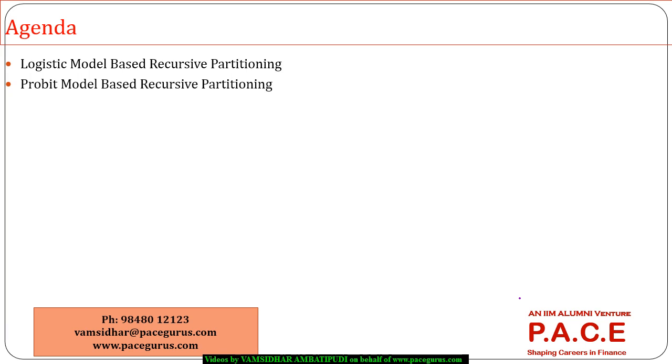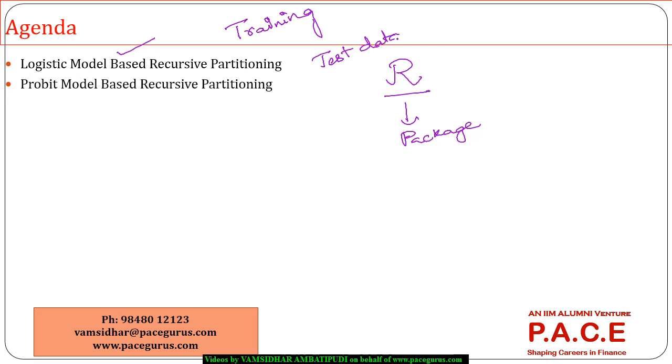Here our focus is more on using a statistical package like R, using an appropriate package to perform logistic model based recursive partitioning on training data, use that model on the testing data and evaluate the accuracy of the model before rolling it out to the new data altogether.